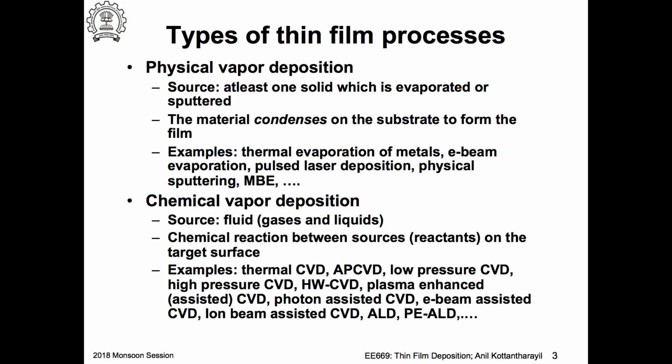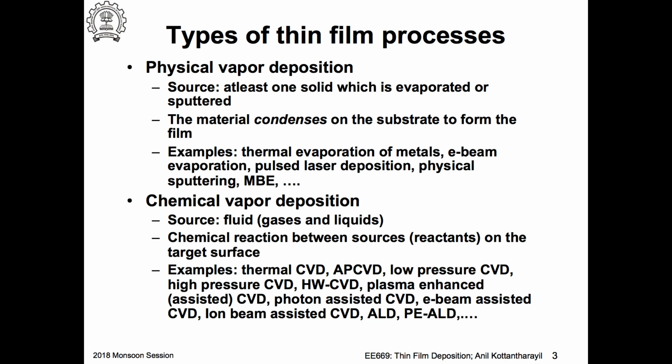E-beam evaporation is a cousin of the thermal evaporation process. We'll see why; they are very closely related. Pulsed laser deposition is similar. In all these cases, you are evaporating things by heating. Now, how you heat it is the distinction between them.